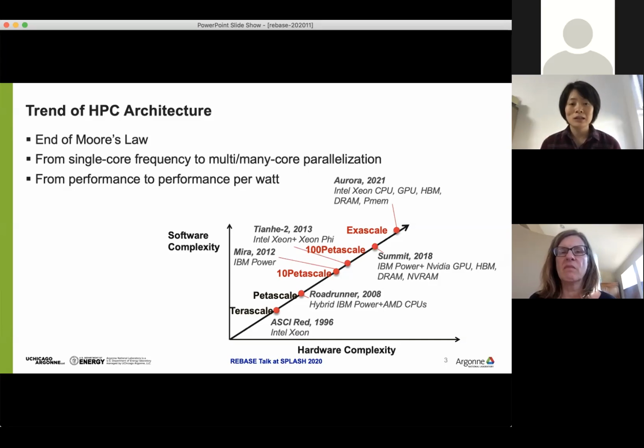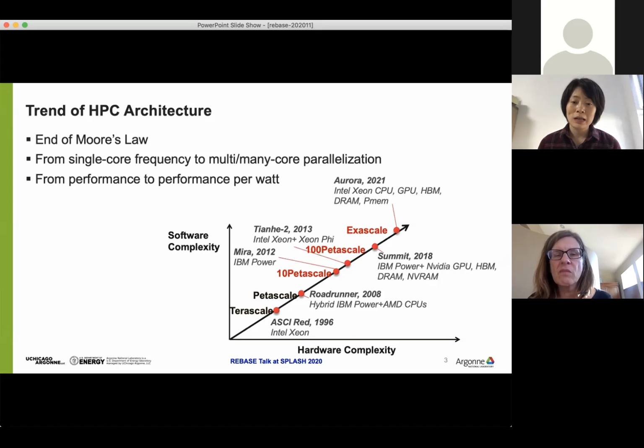For those systems, we found that core parallelism will also be insufficient. Why? Because we are considering not only power, but also performance per watt. So they are trying to change the processor architecture to make it more efficient in energy consumption while getting the same or higher level of computation power, but eventually the system gets more and more complex.